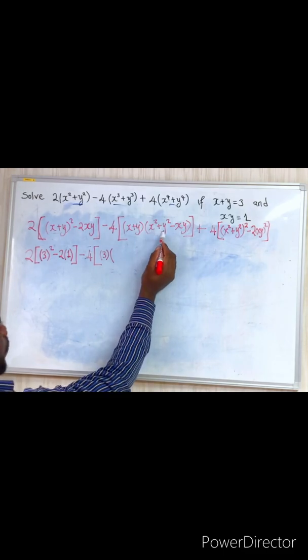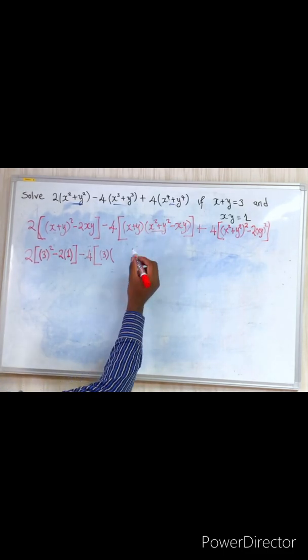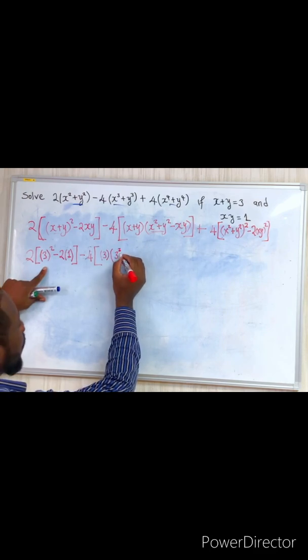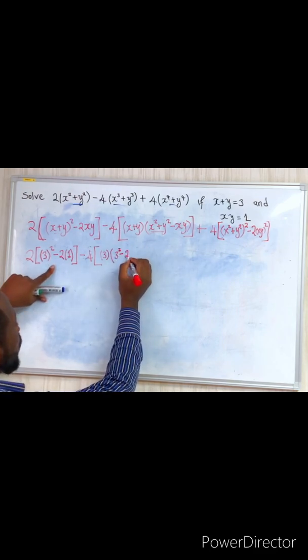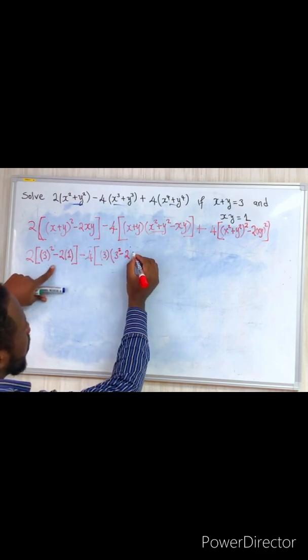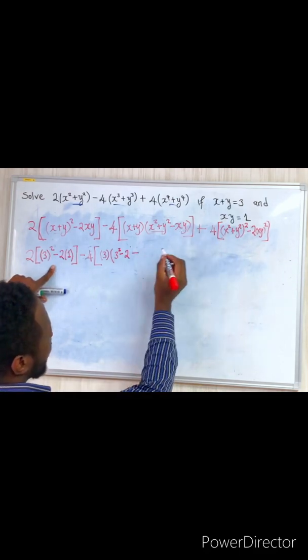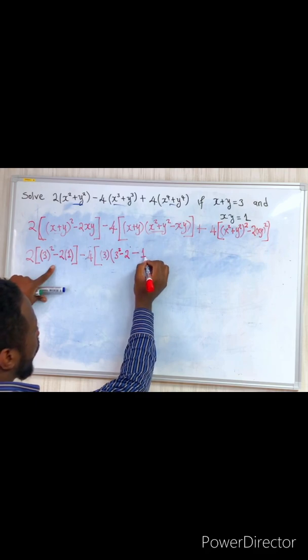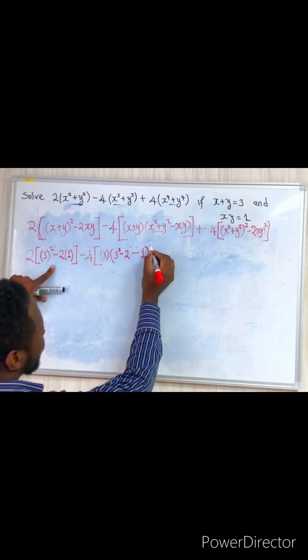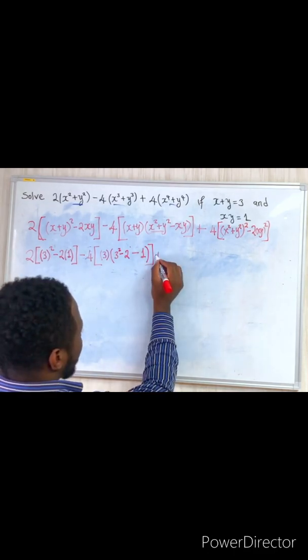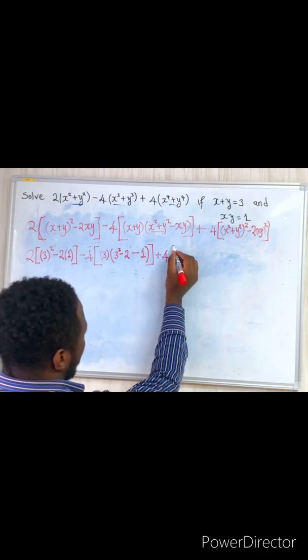So this one will give us 3 squared minus 2, then this minus x times y. x times y is equal to 1.